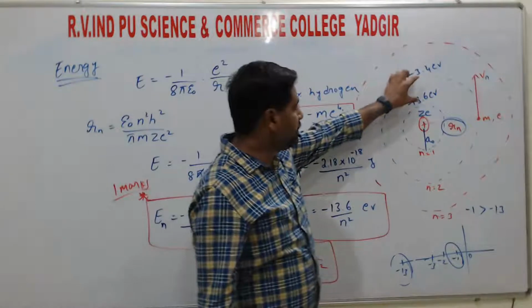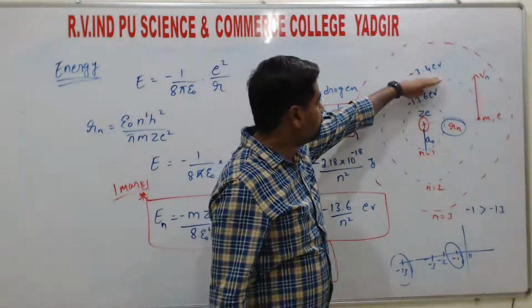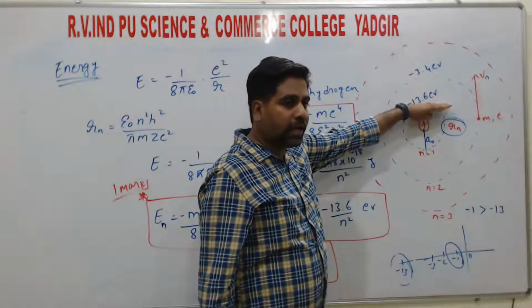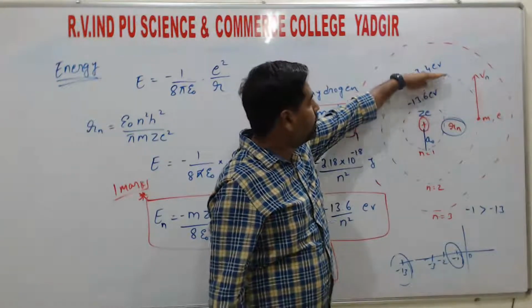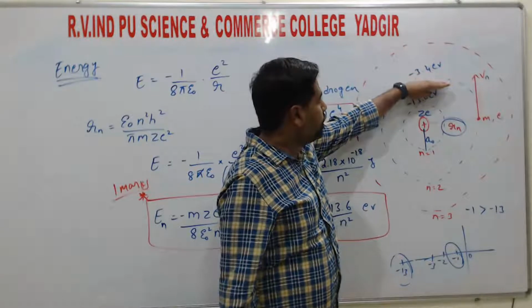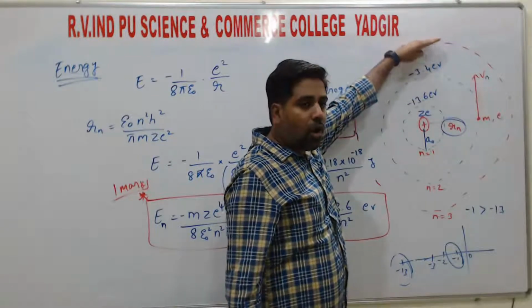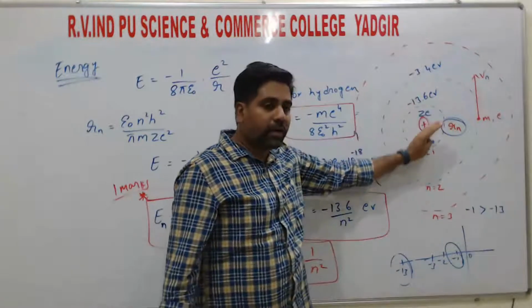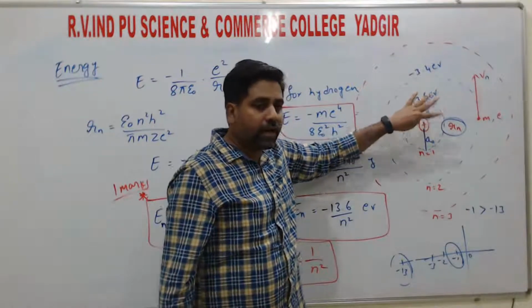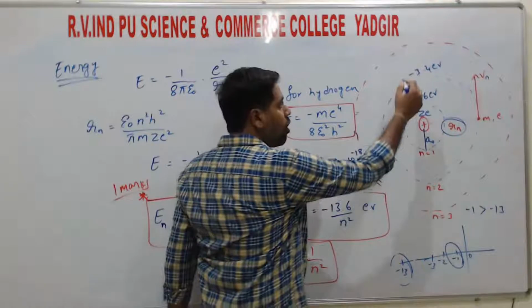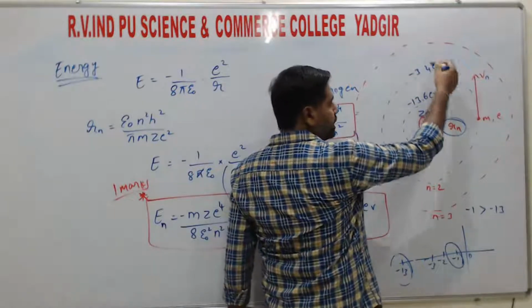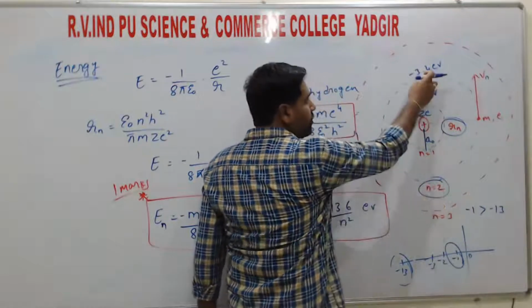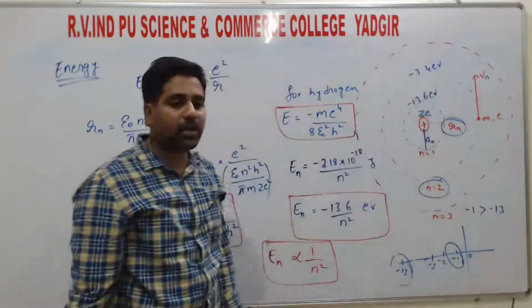If we compare these two values, this value is greater than that one. So as the orbit increases, the energy of the atom increases. In the first orbit, the atom's energy is very low. As the orbit value increases, for n equals 2 we get minus 3.4.